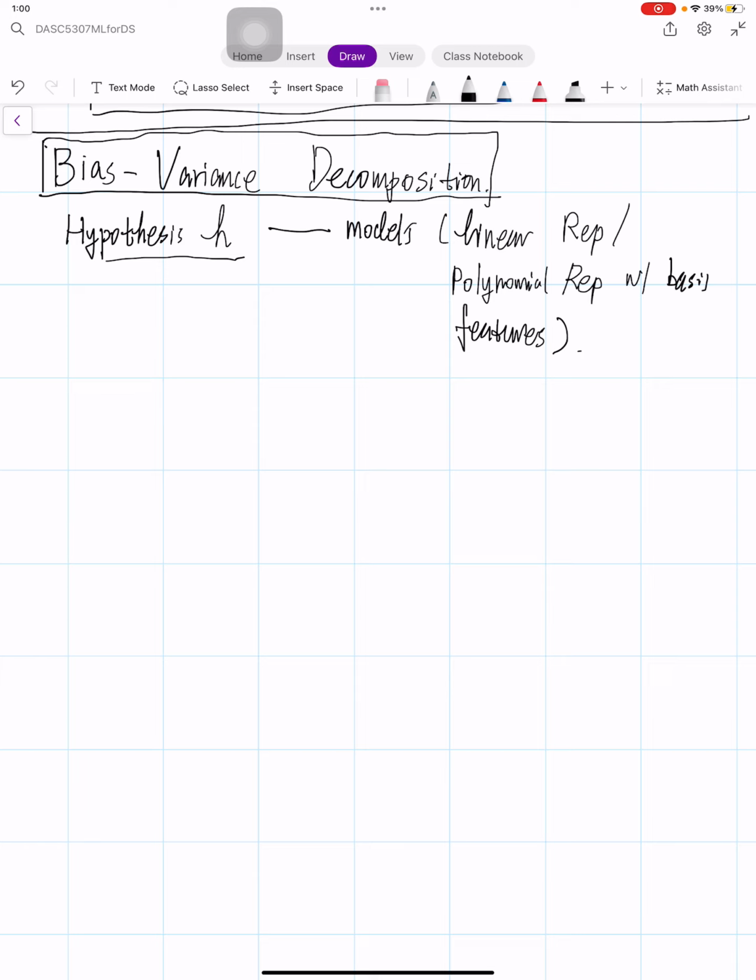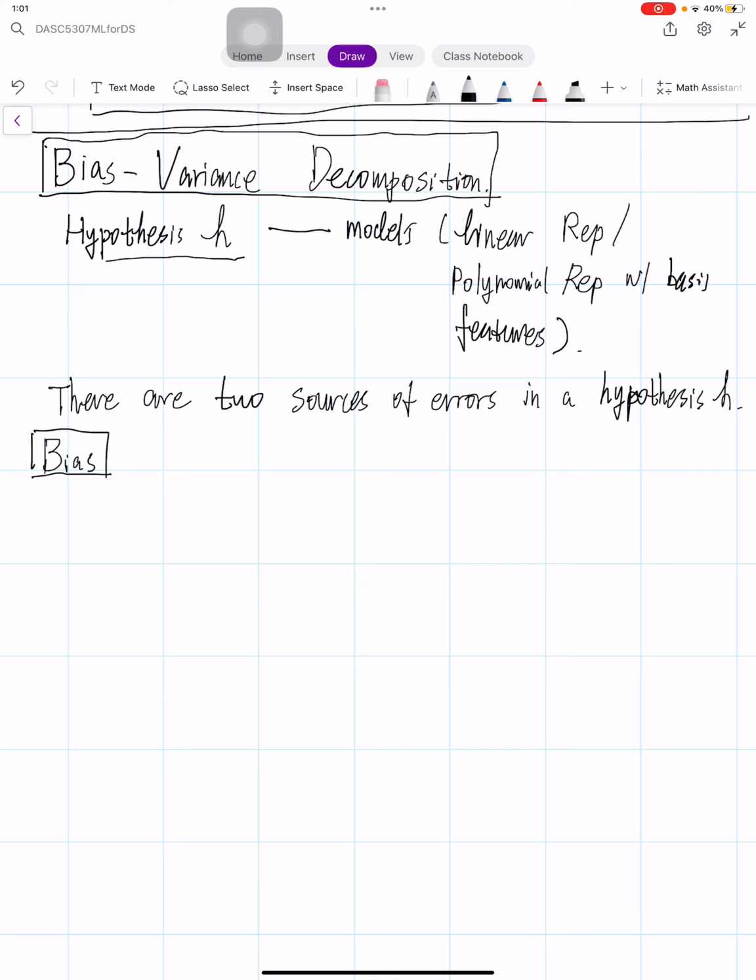Okay, so actually there are two sources of errors given a model you choose, or given a hypothesis H. The first error comes from the bias, because in reality we do not know what the ground truth function is.